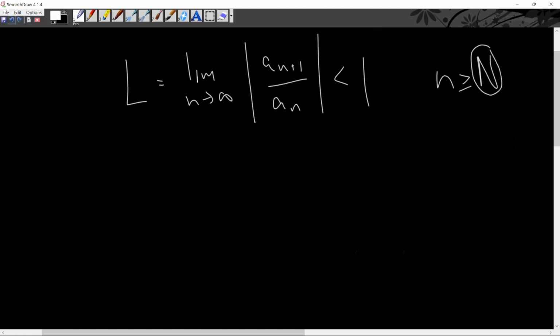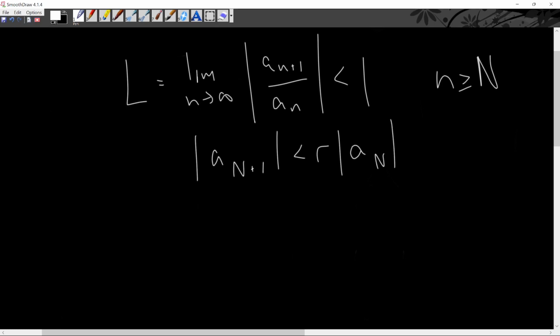So, yep, my fault. We have n is greater than or equal to N, and so we have this N picked out, and we're going to say that the absolute value of a sub N plus 1 is less than R times a sub capital N, right?